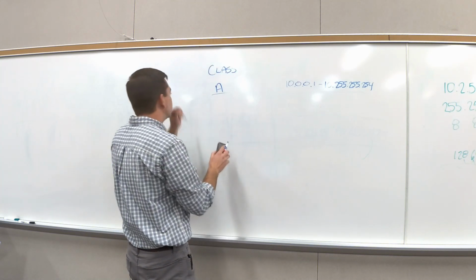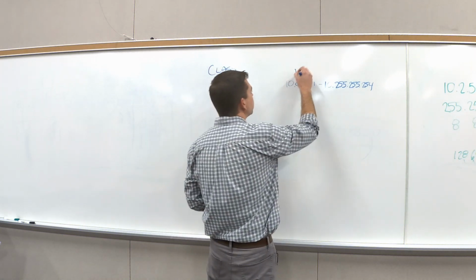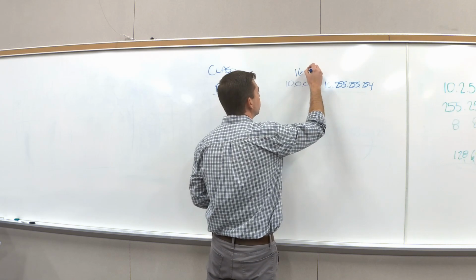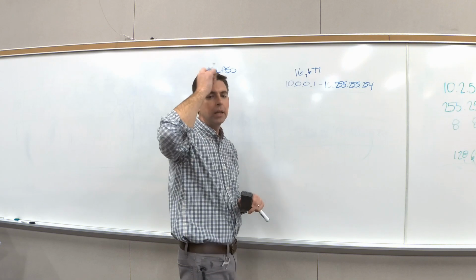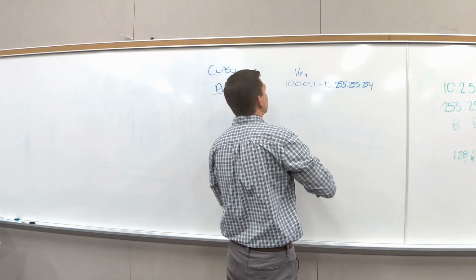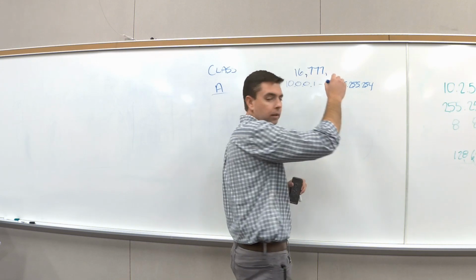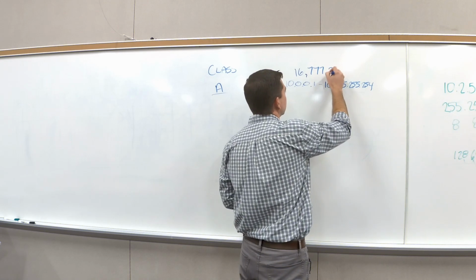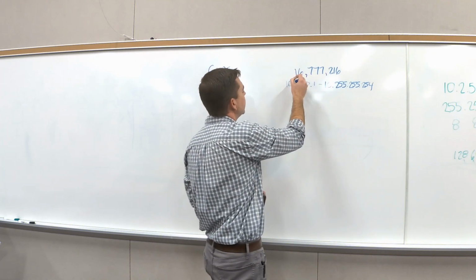All right, so with the Class A range, let's see, I think it's 677. Excuse me. All right, had to look that information up to get the exact number.